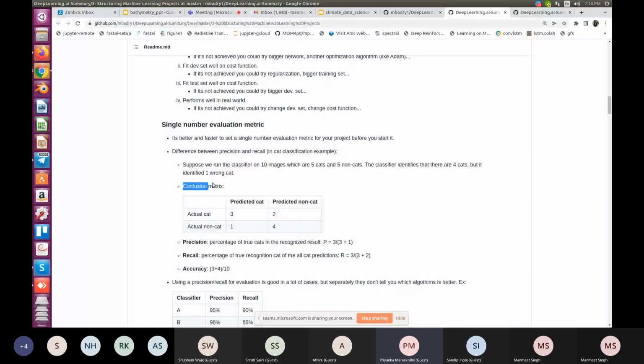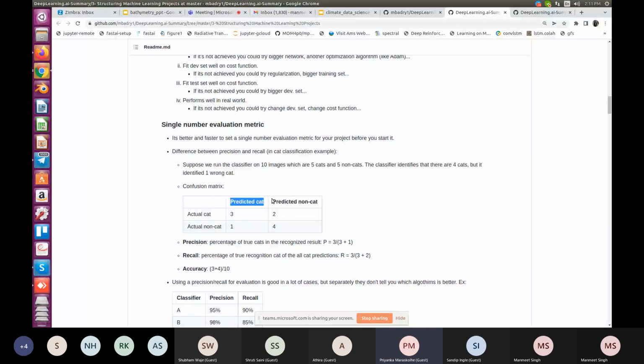Along the rows, you have the actual. If you have a binary classification problem wherein you are trying to find out cats and non-cats, the first row corresponds to actual cats. The second row is actual non-cats, the first column is predicted cat, and the second column is predicted non-cat.